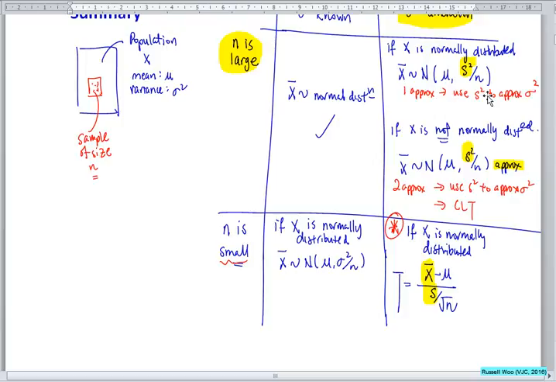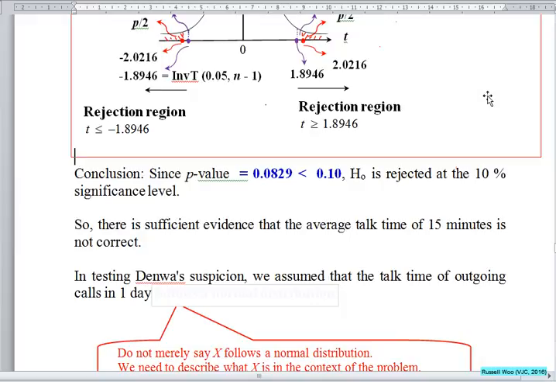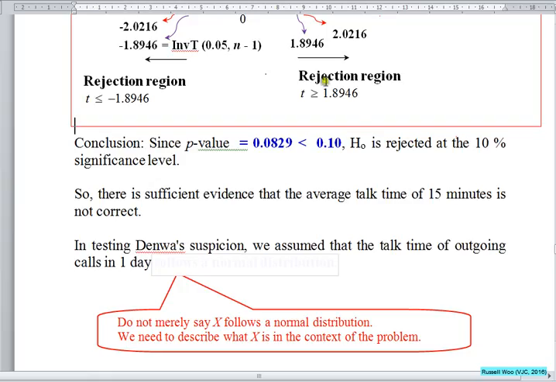Sigma squared unknown. Nobody told you about variance. N was small, N was 8. Now if X is normally distributed, then you have a T distribution. But if X is not normally distributed, out of syllabus, don't know. But was it mentioned in the question that the talk time was normally distributed? No. So you better talk about the assumption. We assume that the talk time follows a normal distribution.